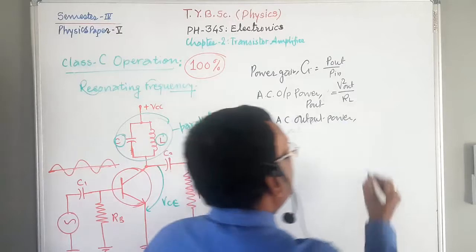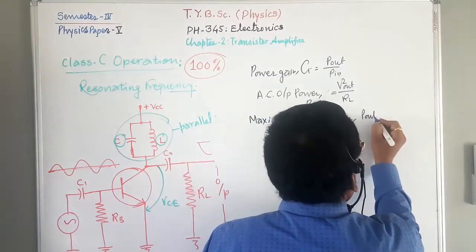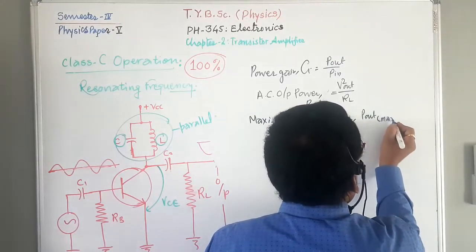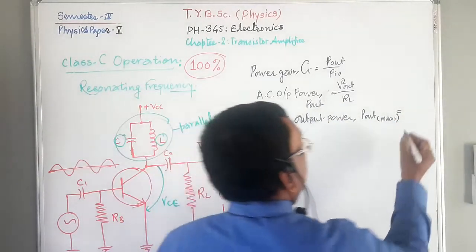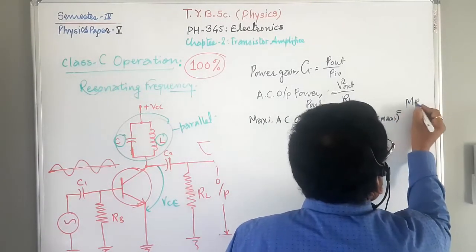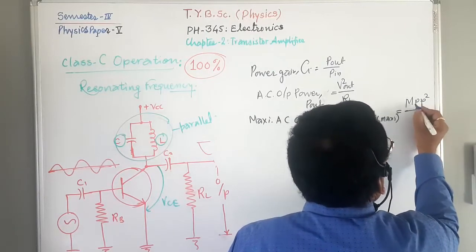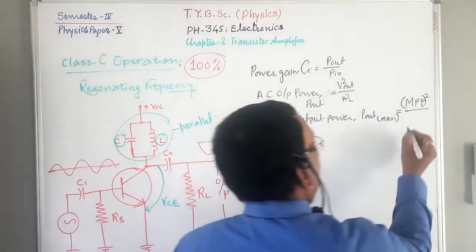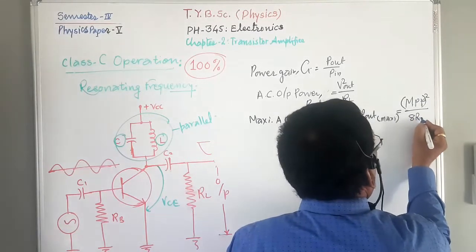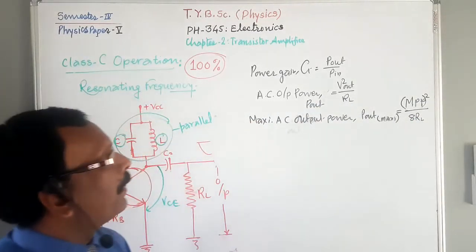The symbol for that is P out maximum. What will be the formula? We already derived this in class. It is VCC square upon 8 RL, where RL is the load resistance.